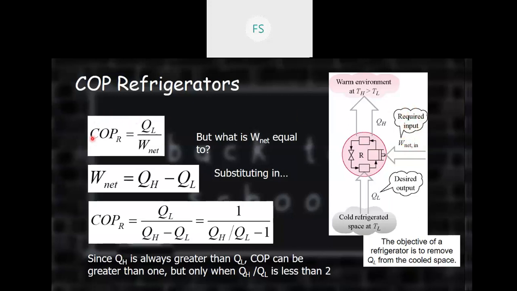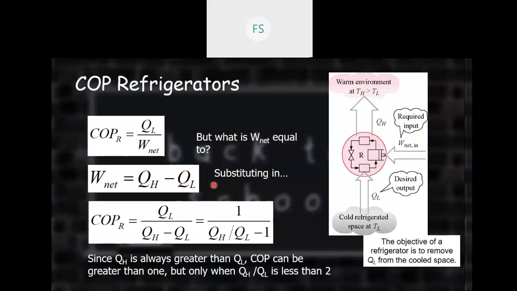So now, back to the theory of coefficient of performance, where it is the ratio between the desired output and the required input. The COP of the refrigerator now is QL over W net. But what is W net equal to? From the energy balance equation, we know that W net is QH minus QL.